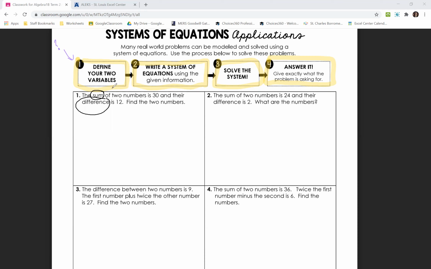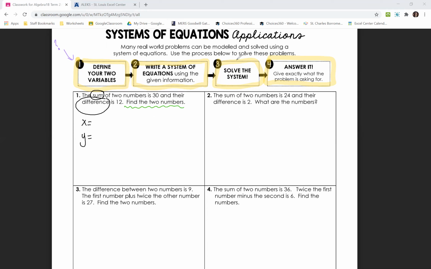So let's define my variables. I know there's going to be an X and a Y. Let's tell ourselves what X is going to be in words and what Y is going to be. Like I said, what are they asking you to find? Look for that question, that missing piece that you need to find. You need to find the two numbers.